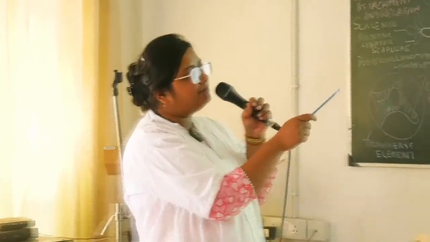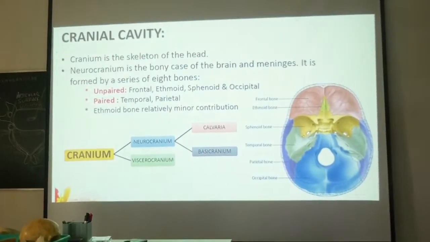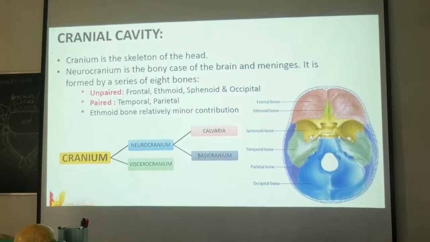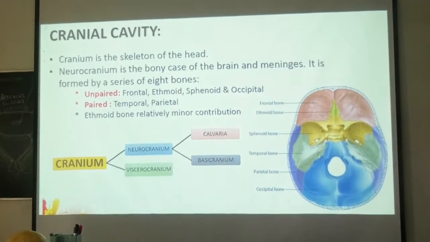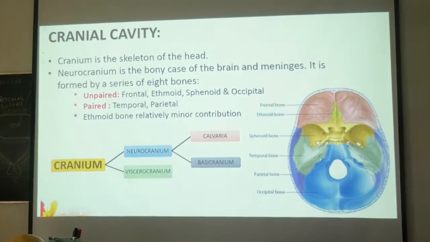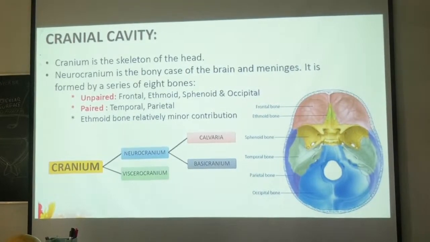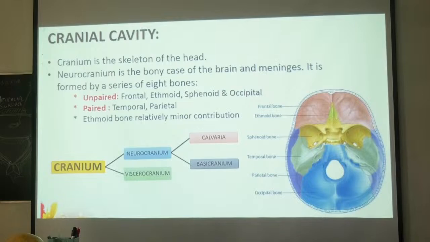See there, the pink colored bone is the frontal bone, the small green colored one is the ethmoid bone. Its presenting parts are the crista galli and the cribriform plate, and the foramen cecum is present between the crista galli and the frontal crest. Then the yellow colored bone, the butterfly-shaped bone, is the sphenoid bone.